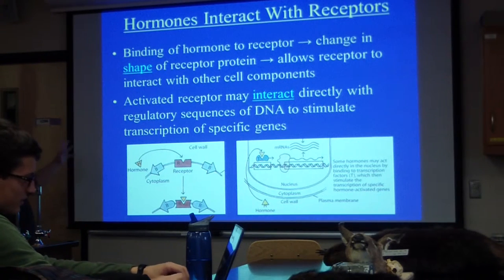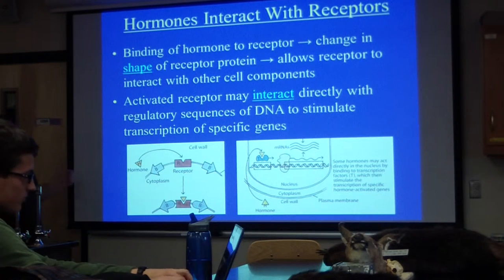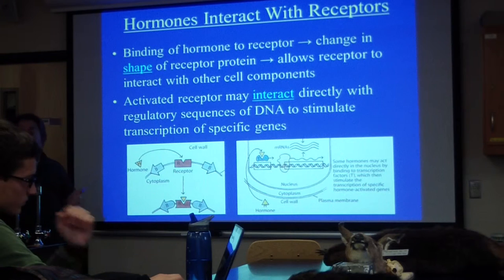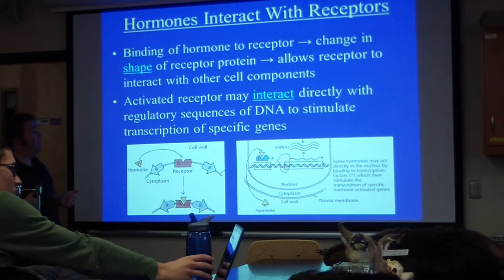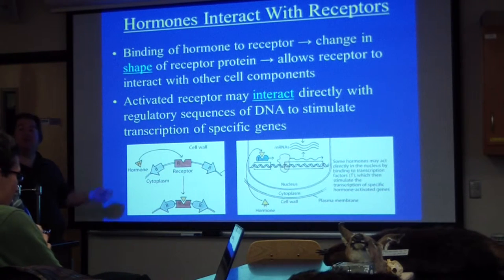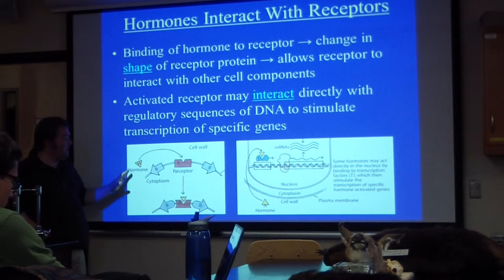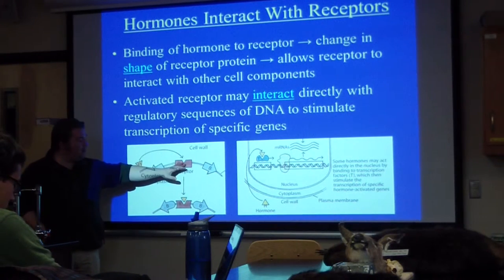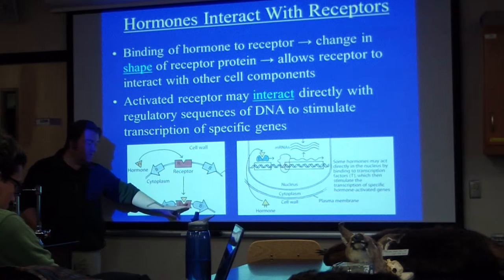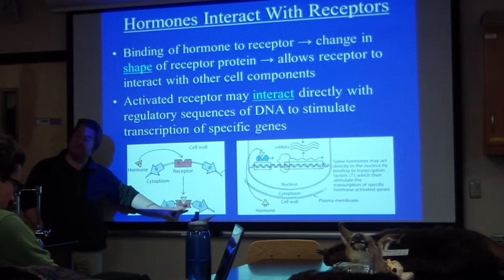So many times what happens is that the binding of the hormone to the receptor actually changes the shape of that receptor protein, which allows that membrane-bound receptor to then interact with other cellular components. So if we look here in this sort of simplistic example, the hormone binds to the receptor, and look, the shape of the receptor changes. You can see here the shape of the sides have changed.